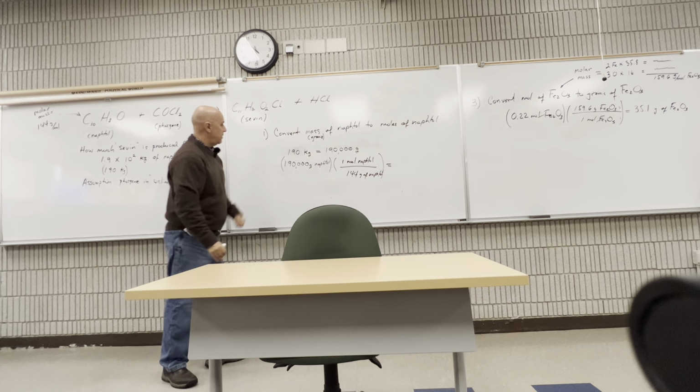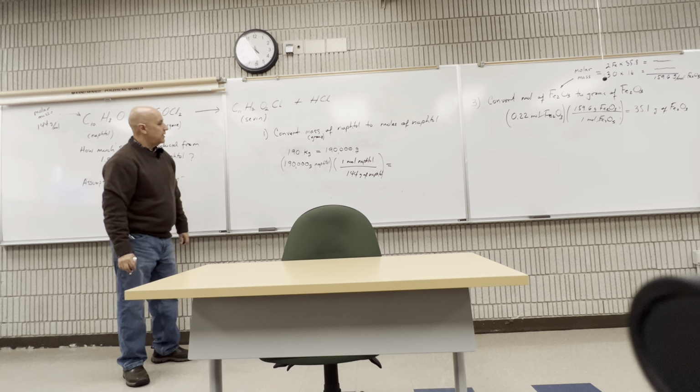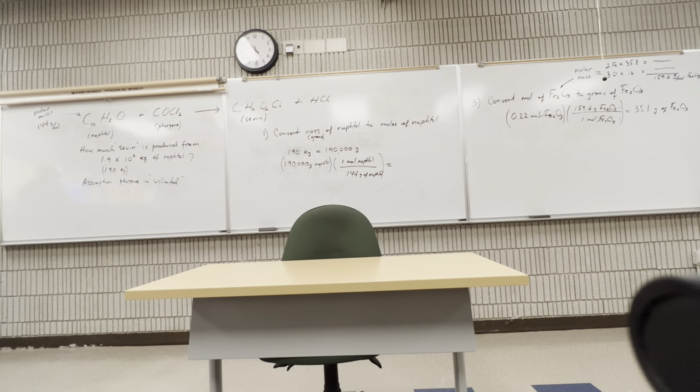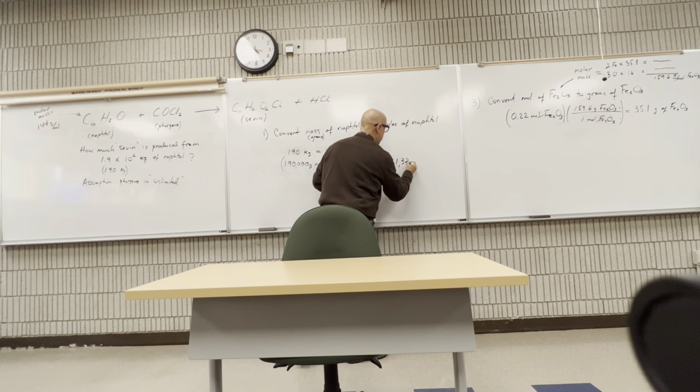And that's going to give me the moles of naphthol that we have in 190 kilograms. I did the calculation and I came up with 1,320. Can you confirm that? So this is equal to 1,320 mole.